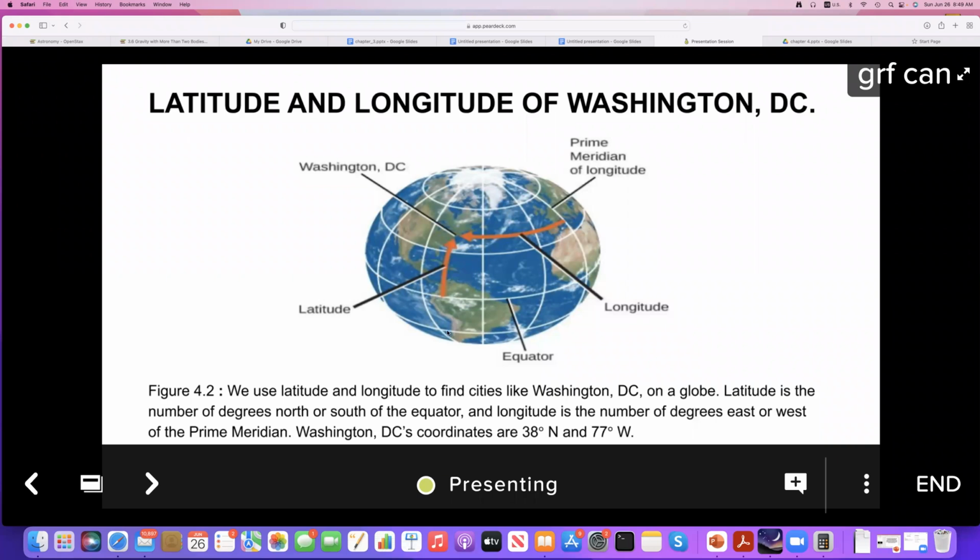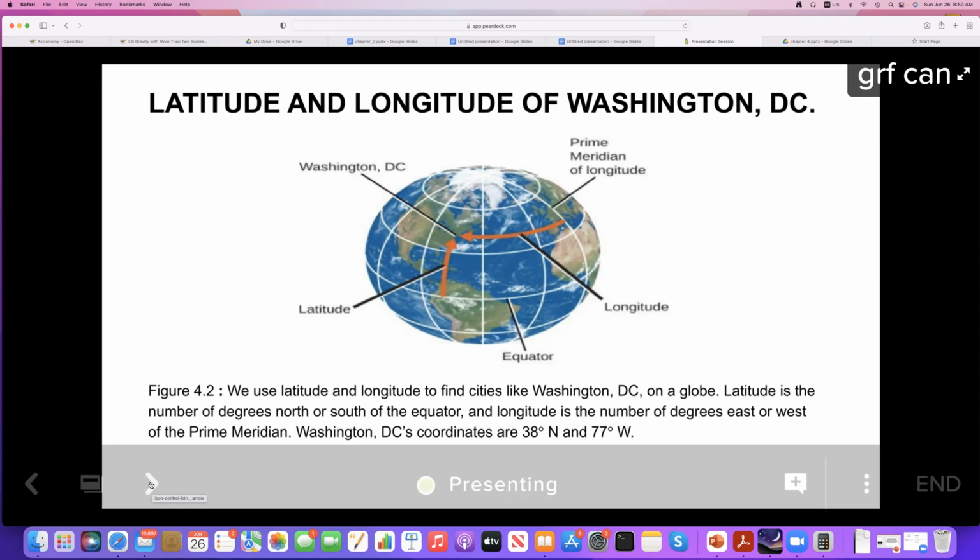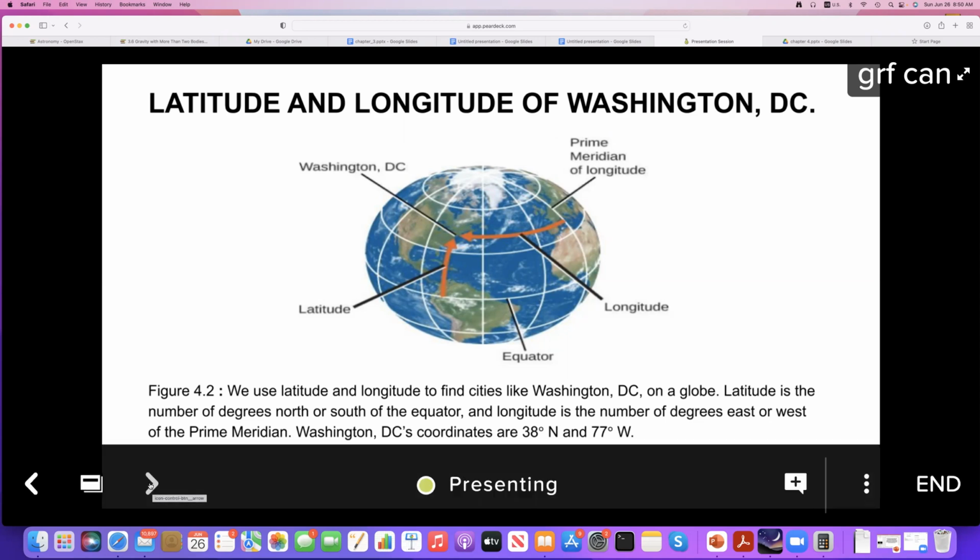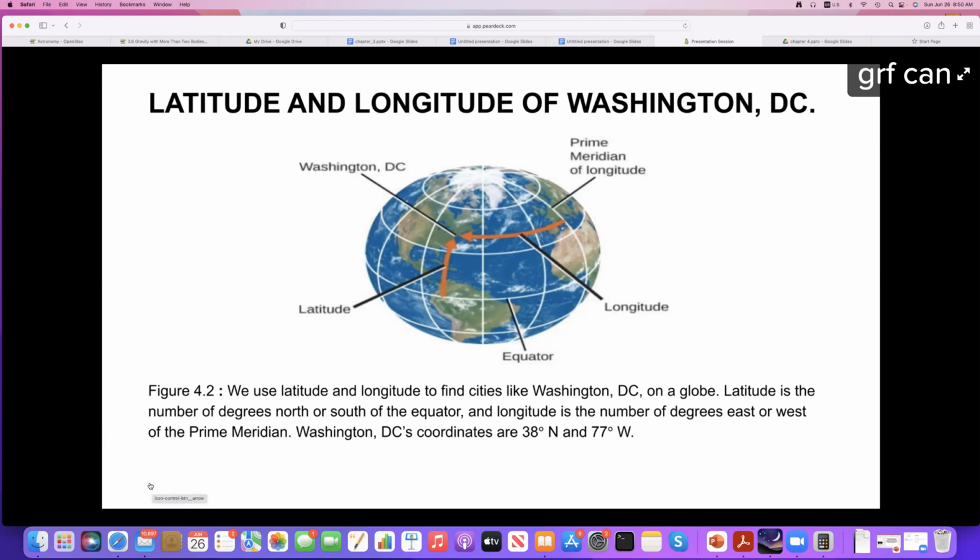Because those countries are located in the southern hemisphere, right? So that's how you locate an object. So I hope you now have a good idea about what a great circle is, what a meridian is, what the prime meridian means, and how you use all these definitions to locate an object on the sky, right?